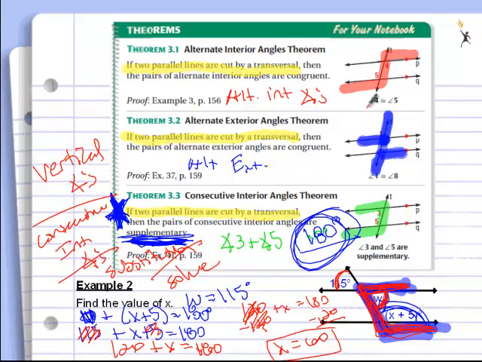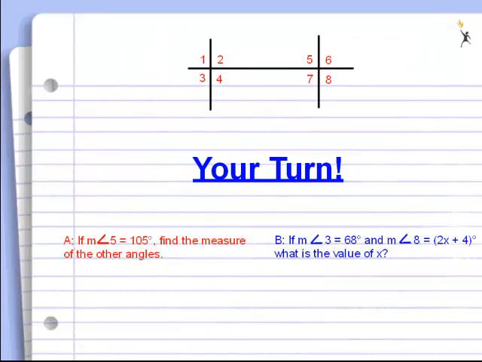We spent a lot of time in 3.1 just identifying the different angles. Because now that you can identify them, we're telling you they're congruent, or they're supplementary. Well, if you still can't even identify them, then you're not even going to be able to solve them, let alone be able to figure out where they're at. You have to be able to identify them.